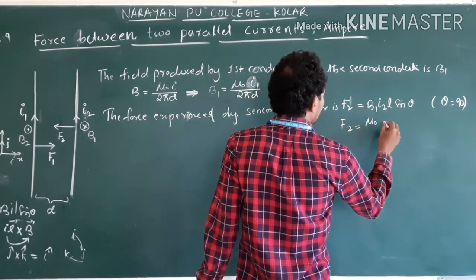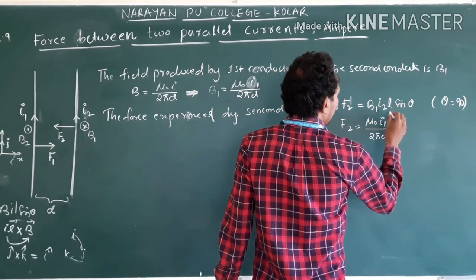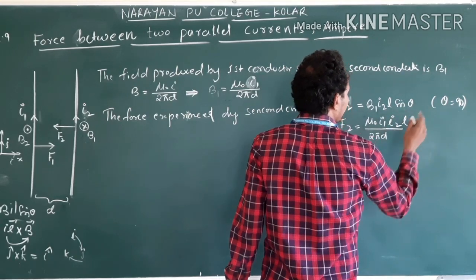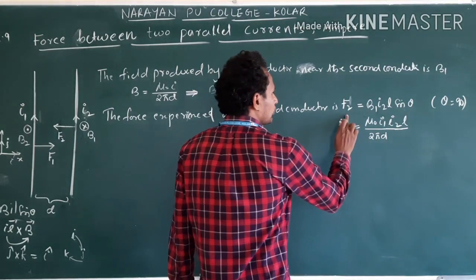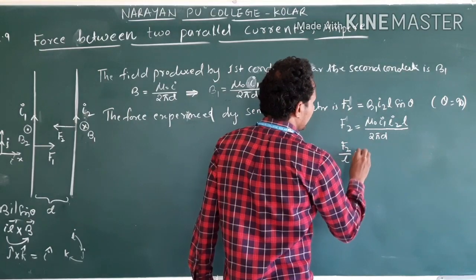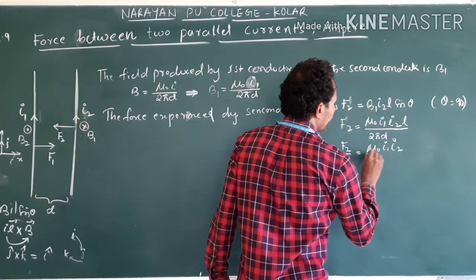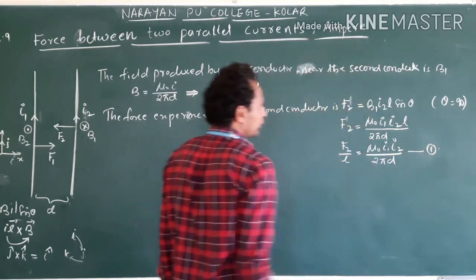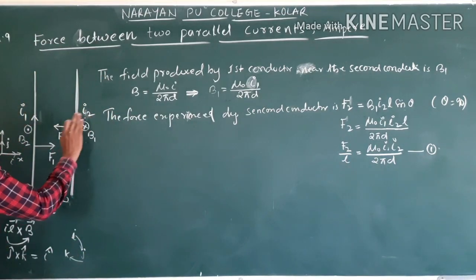Mu naught I1 by 2 pi d, I2 as it is, L sin 90 is 1. Clear? So this F2 by L, L comes this side, is mu naught I1 I2 by 2 pi d. Consider equation 1.